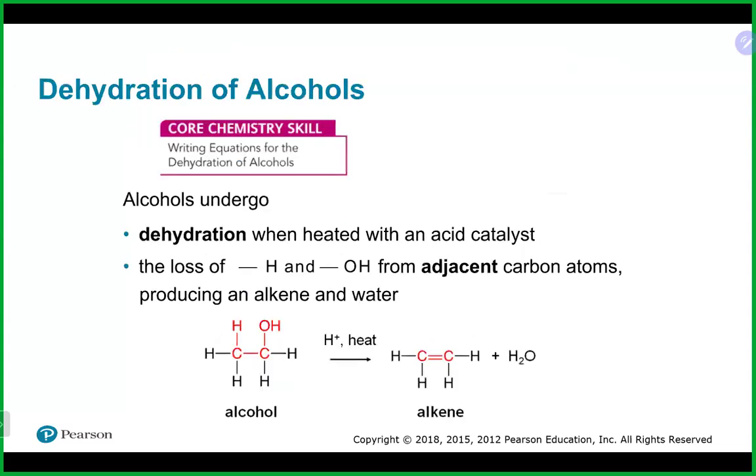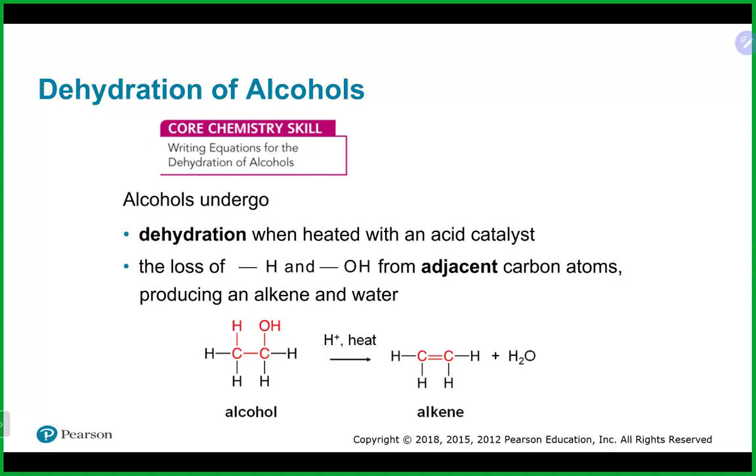Let's talk a little bit about some other reactions that alcohols undergo. We talked about how we make an alcohol, which is from an alkene through a hydration reaction. Really, a dehydration reaction is the opposite. In a dehydration reaction, we're removing the water that we put on. In a hydration reaction, we put water on, and when we dehydrate it, we take water off.